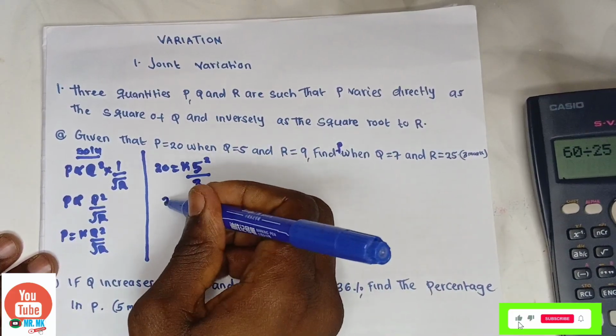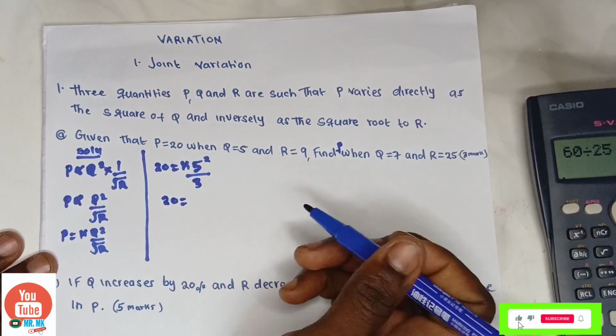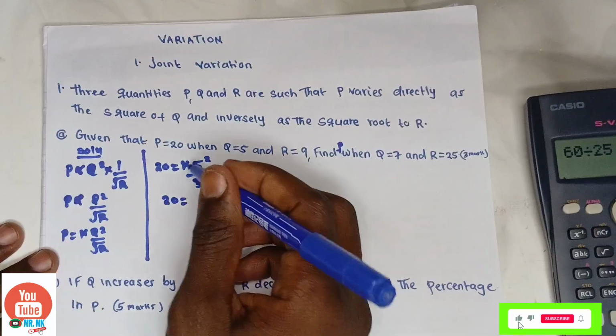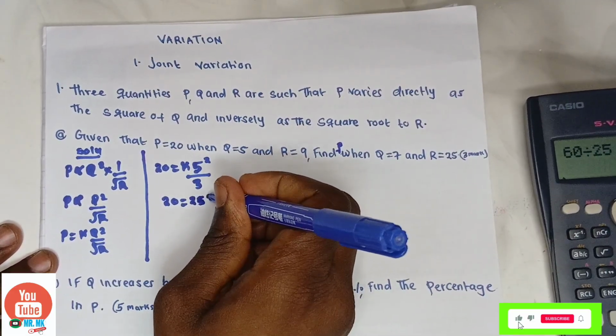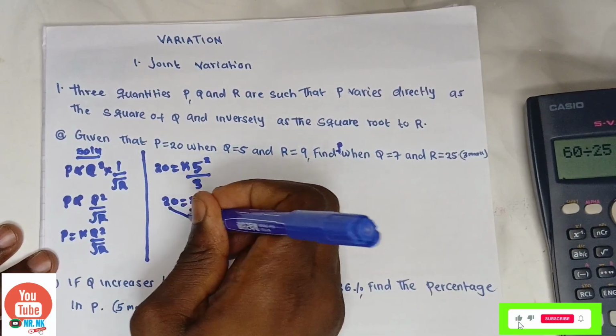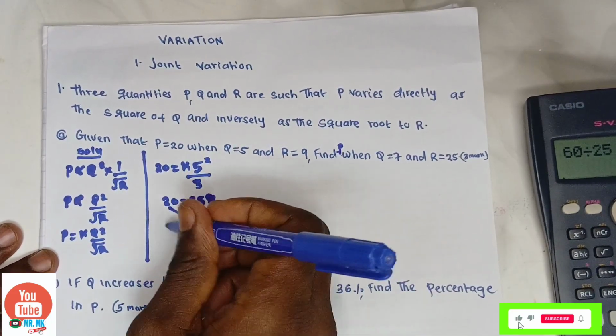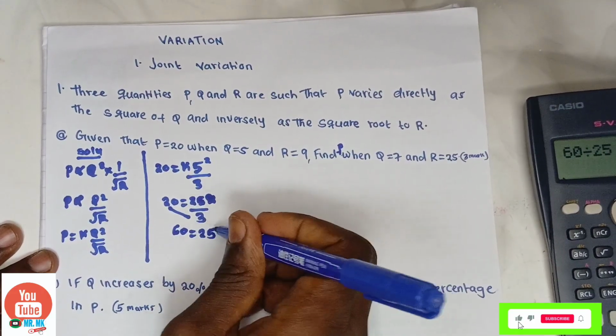Now 20 is equal to 25K over 3. Cross multiply: 20 times 3 is 60, which is equal to 25K.